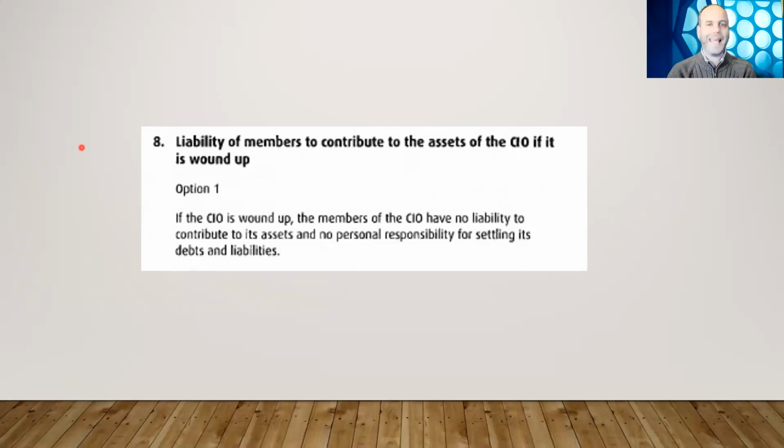You do not have to make any payments against any outstanding bills or debts that the charity has at the time that it winds up. Okay? As long as you've not acted fraudulently or illegally, then you are protected. And that seems fair, because you as trustees have given your time and expertise freely and without payment. You've taken on legal responsibilities, so the charity is protecting you against any future claim.